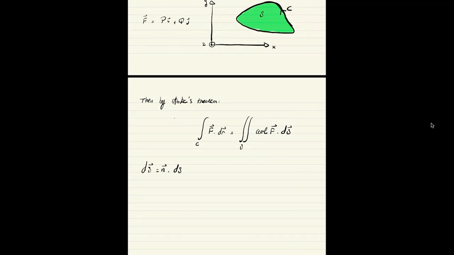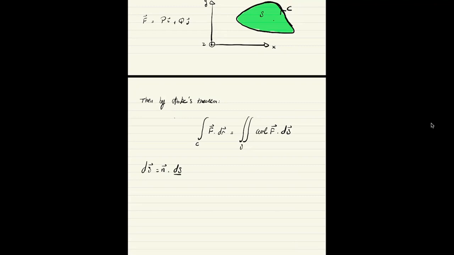Or if it's a graph of a function, then you just take the square root of 1 plus derivative with respect to x plus derivative with respect to y. So this is just a computation that you're going to get, but it's always the normal vector times the element dS. But in this case, the normal vector is k, right?